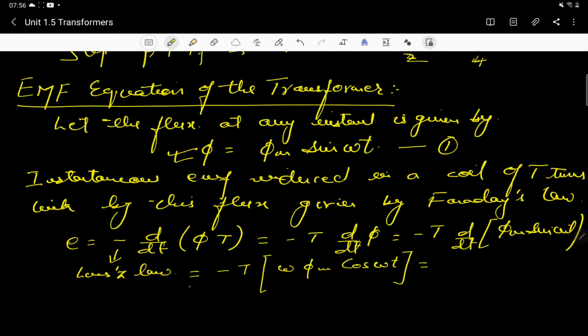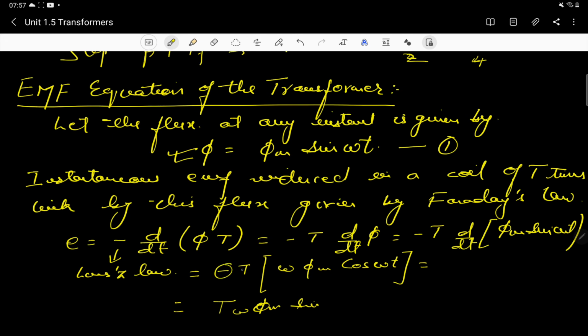Let's make some changes in this. It will give T omega phi m sin, when we change cos omega t, and the negative sign is also here.